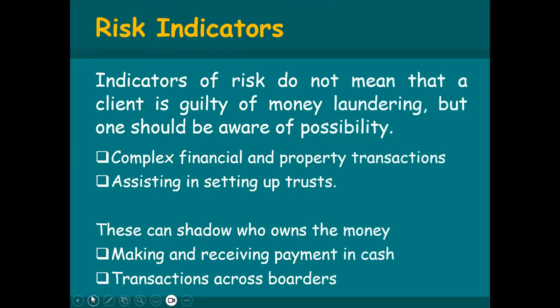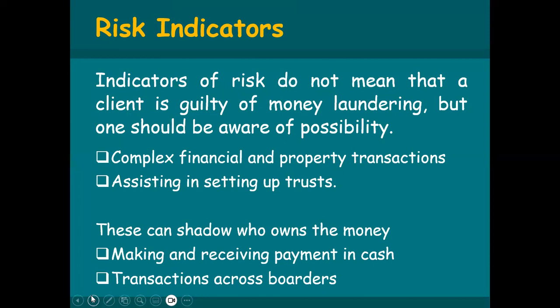Risk indicators. Indicators of risk do not mean that a client is guilty of money laundering, but one should be aware of the possibilities. Complex financial and property transactions. Assisting in setting up trusts.